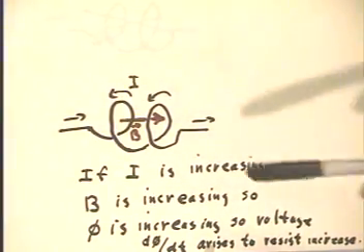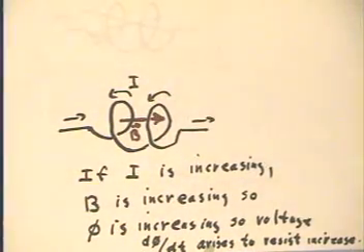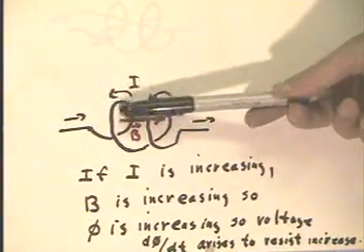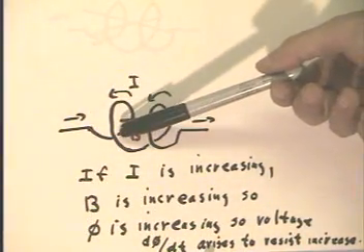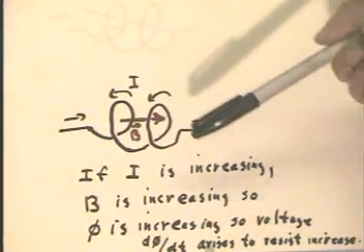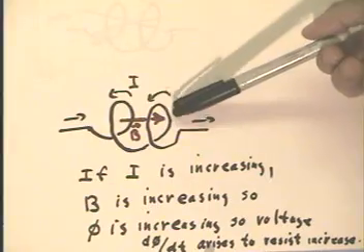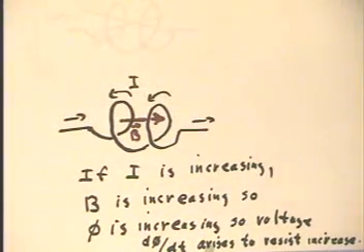But the point is, we have what we call inductance, where the coil, by the changing current in the coil, produces a flux that changes, and that changing flux induces a voltage in the opposite direction.